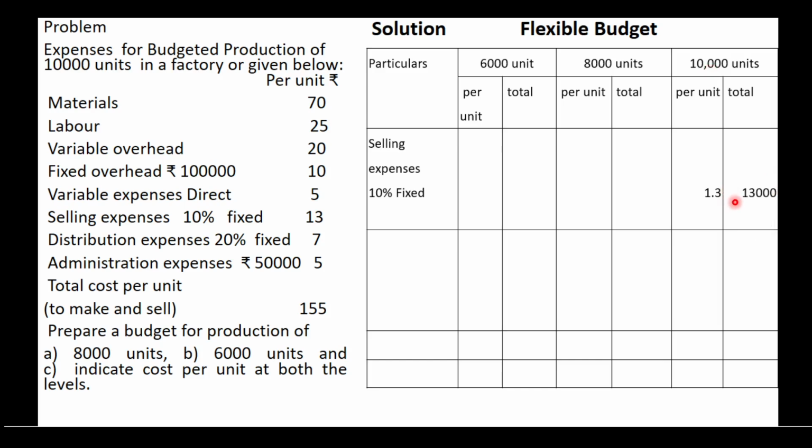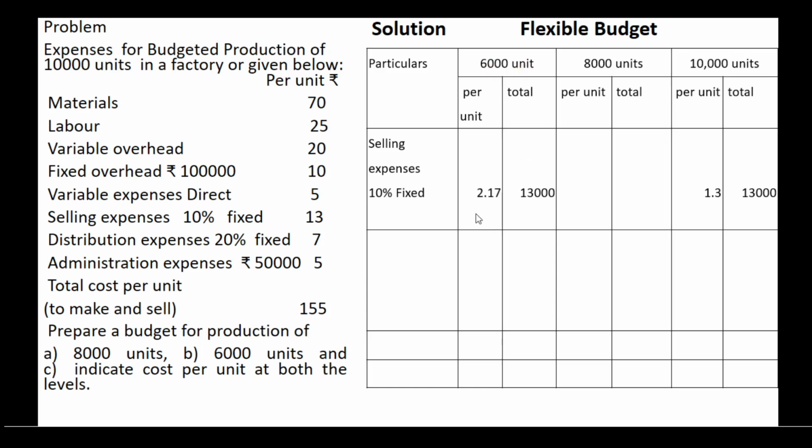So in the fixed amount, this amount is constant at each level. So at every level the amount remains the same. So now at 6,000, the amount is 13,000 rupees. So using this 13,000 total amount, we find out the cost per unit. So this cost per unit is calculated as 13,000 divided by 6,000 units.